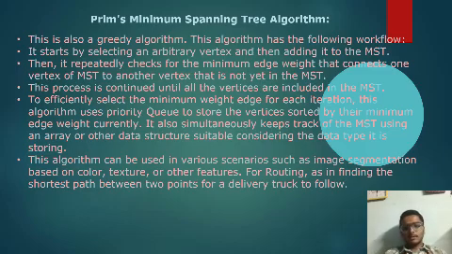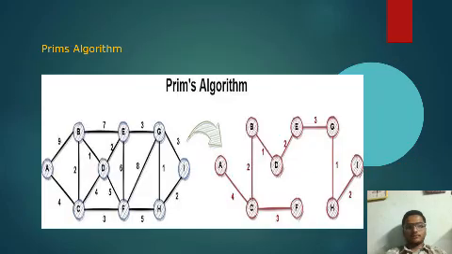This algorithm can be used in various scenarios such as image segmentation based on color texture, and for routing, as in finding the shortest path between two points for a delivery truck to follow.